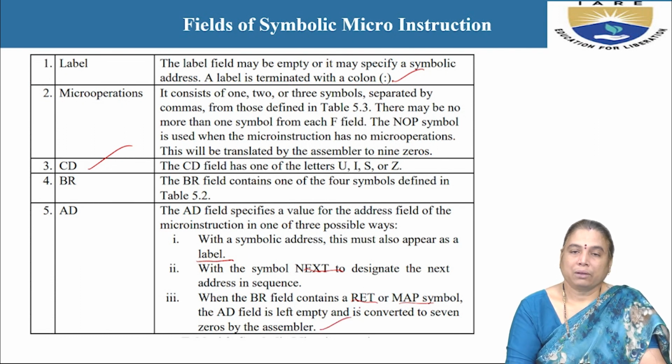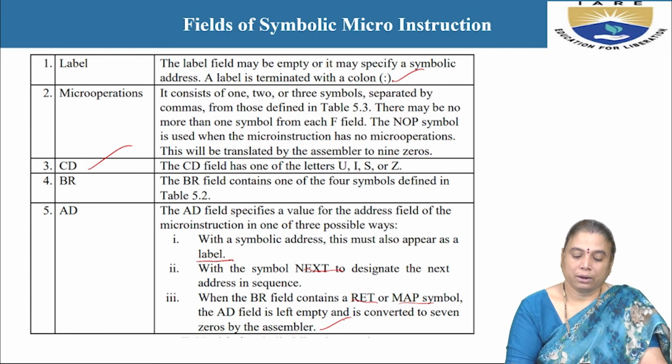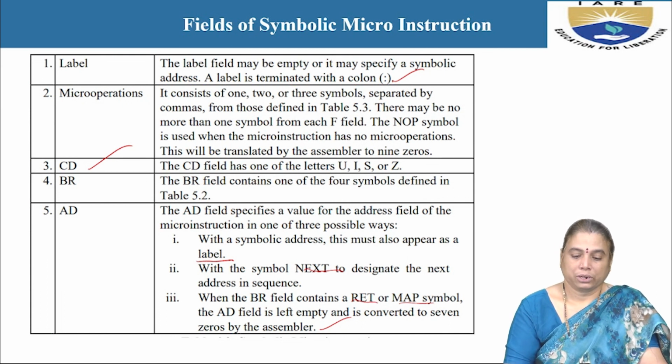So with the help of the address mapping logic, this address is mapped to the CAR address, with the third type of address operation. So these are the 5 fields that can be used in the symbolic micro instruction.